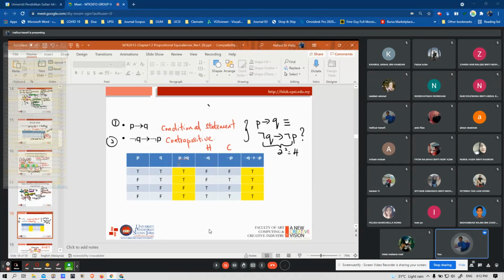And then here, 2 to the power of 2, because we have 2 variables, is 4. 1, 2, 3, 4.